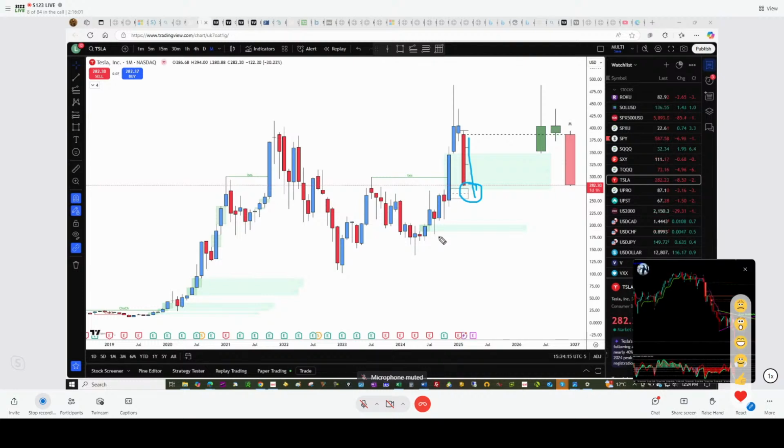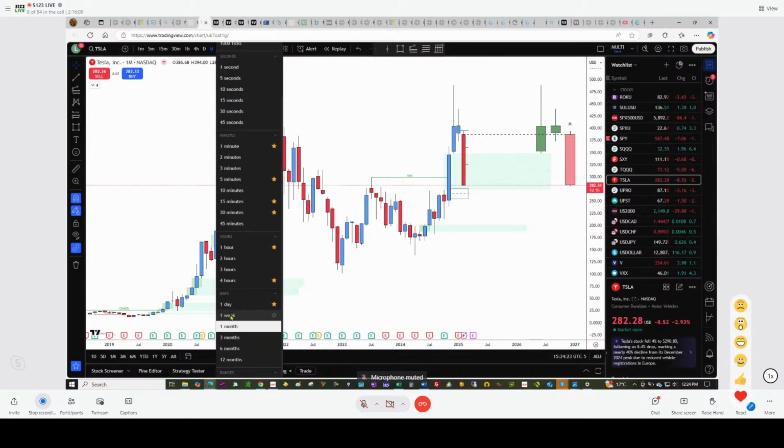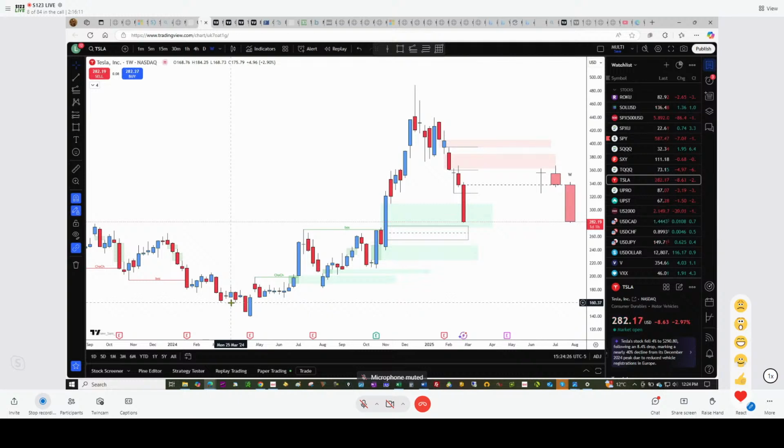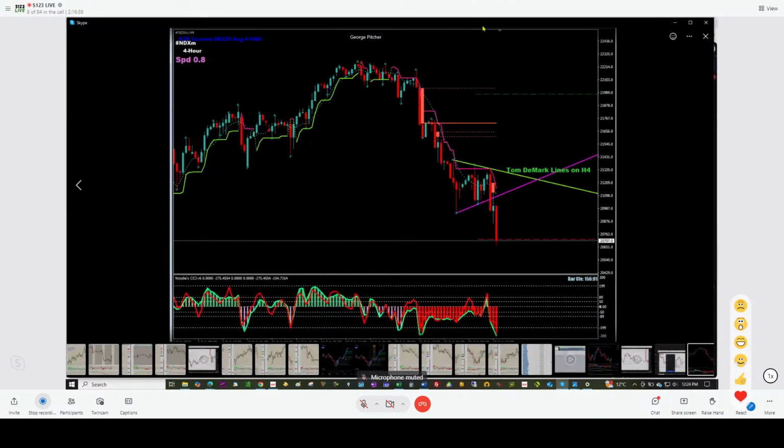I put my 1 minute NASDAQ, no, a 4 hour, sorry. I put the 4 hour NASDAQ showing the Tom DeMark trend lines. And you can see that we've broken them and we're decidedly below the point. As a matter of fact, look at that, the dashed red line that price has just launched through says it's reached the target for the bottom Tom DeMark trend line.